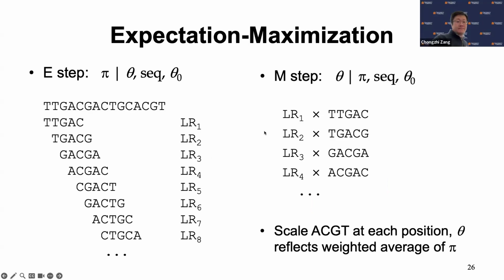That's the E step. The M step is to update to a new position weight matrix, using the sequence at every position combined with the likelihood ratio calculated at each position.